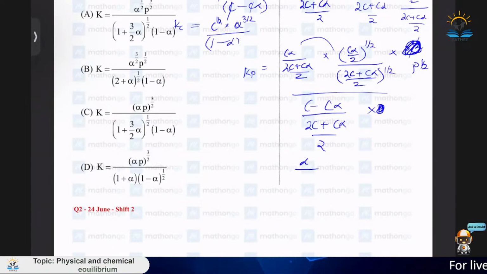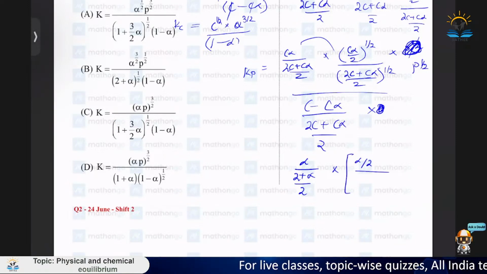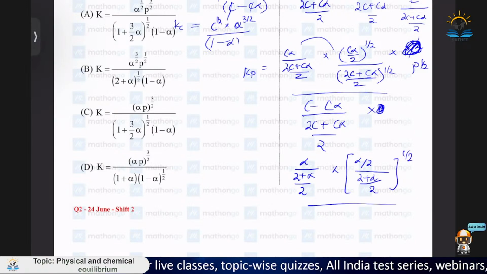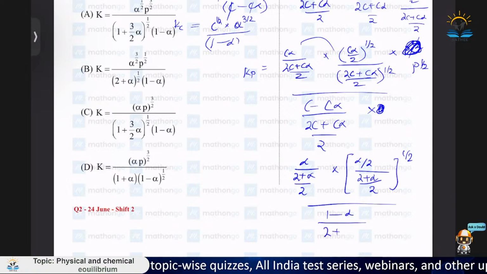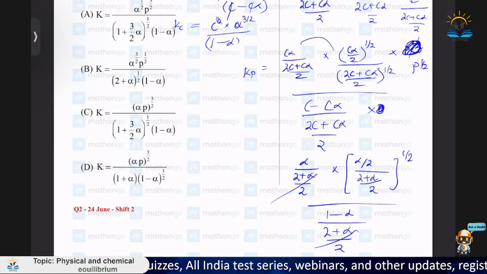So alpha upon 2 plus alpha by 2 into alpha by 2 upon 2 plus alpha by 2 to the power 1 by 2, divided by 1 minus alpha upon 2 plus alpha by 2. So 2 plus alpha by 2, you cancel from here.